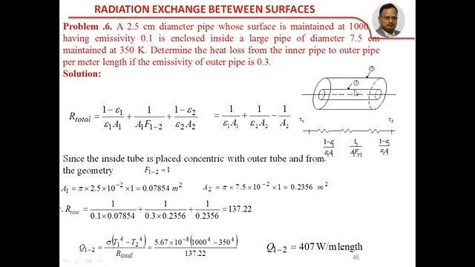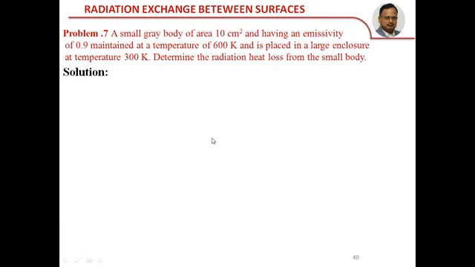If the first one is also a black body, this one also becomes 0. You will get simple equation Q equal to sigma (T1 to the power 4 minus T2 to the power 4) by 1 by A1 F12. So you take the data, draw the circuit, identify epsilon 1, epsilon 2, F12, A1, A2 values, substitute, use the formula Q equal to (EB1 minus EB2) by R total. You will get this answer.